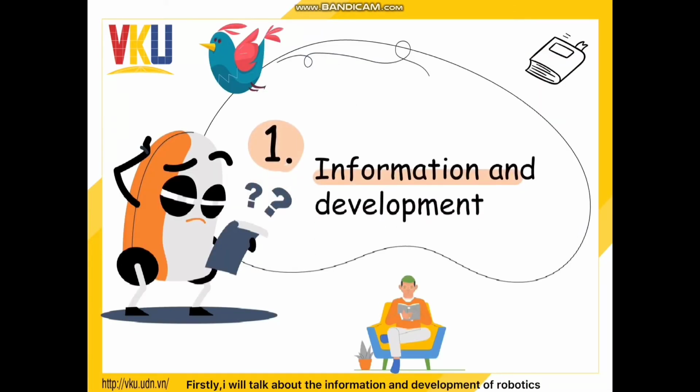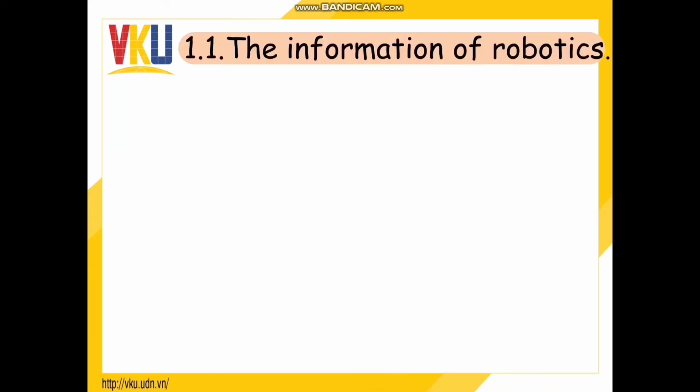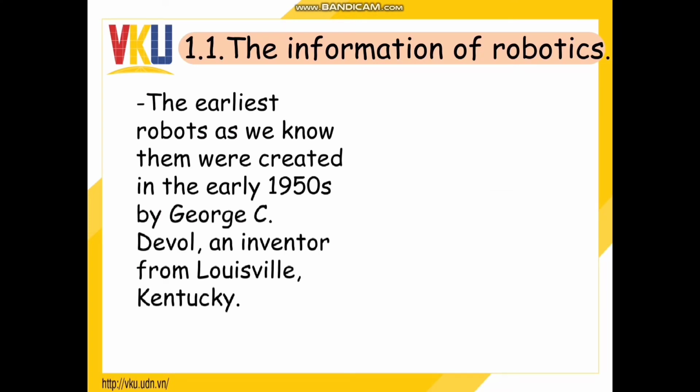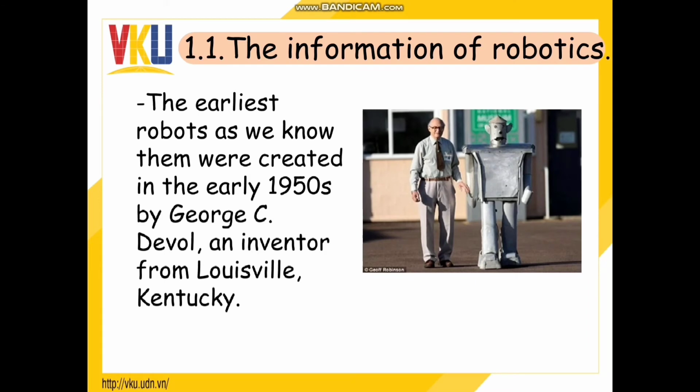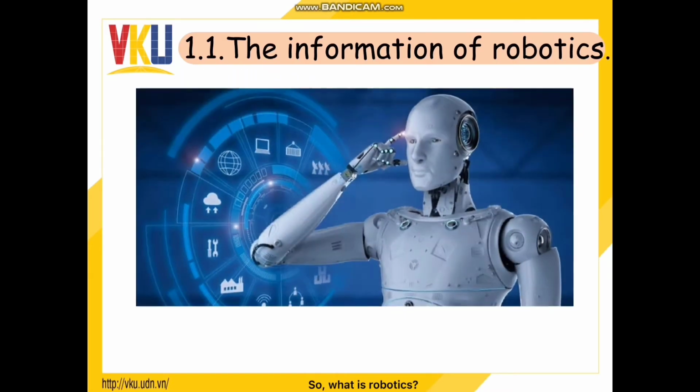Firstly, I will talk about the information and development of robotics. About history: the earliest robot algorithm was created in the early 1950s by George Devol, an inventor from Louisville, Kentucky. So what is robotics?